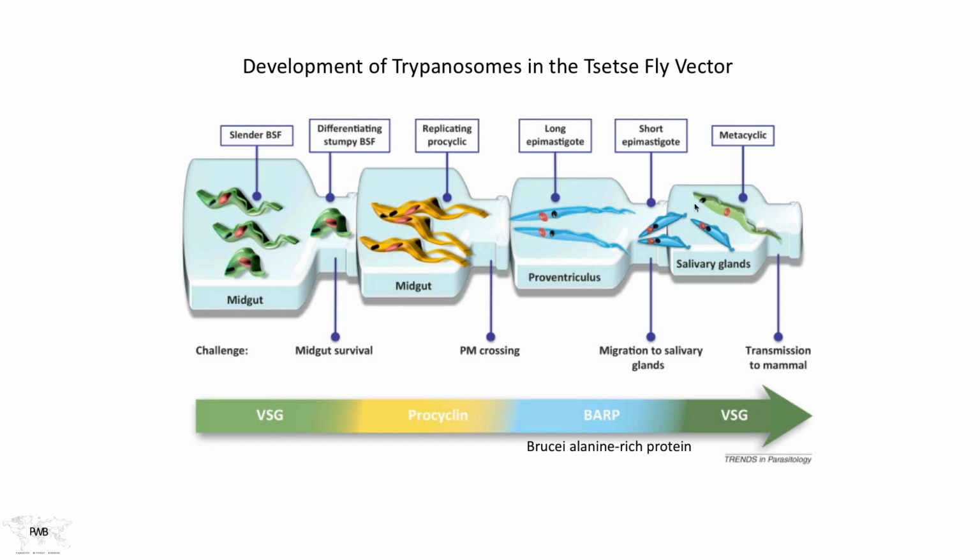Interestingly enough, as we'll see too, the outer surface of this organism is covered with a single protein, which it secretes and puts into place to protect it from host immune responses. So it's in the fly, and there are no host immune responses to speak of in the fly. It would interrupt the life cycle of this parasite, but it's already getting ready to encounter the host immune system.